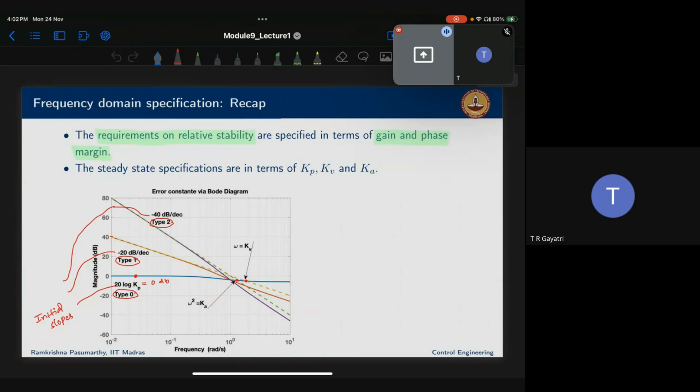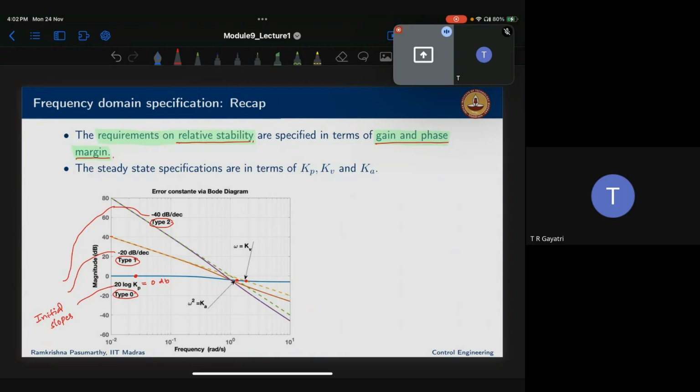So here you could see, based upon the type of the system, generally the relative stability of the system we comment on by using both gain margin and phase margin.